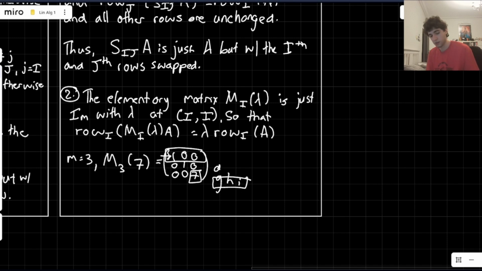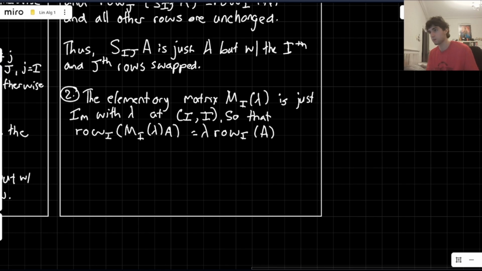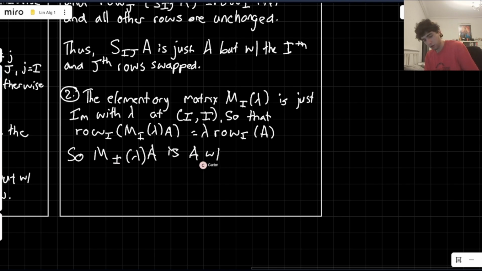It's always just that dot product, and so it'll always give you the same sort of output, for all of the elementary matrices, capital M subscript I of lambda, that exist. Okay, fine. And so effectively, capital M subscript I of lambda multiplied by A is just A with row I scaled by lambda.